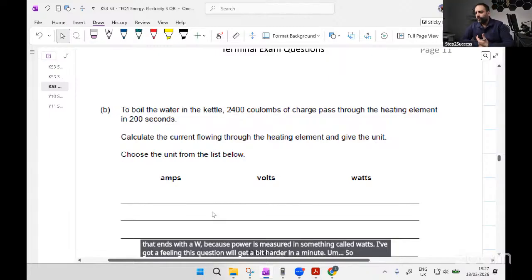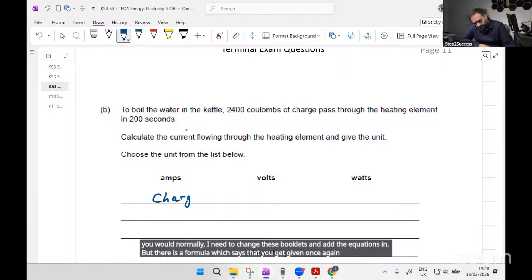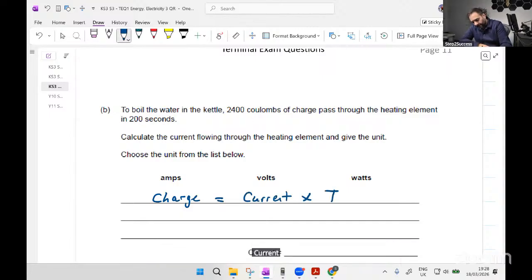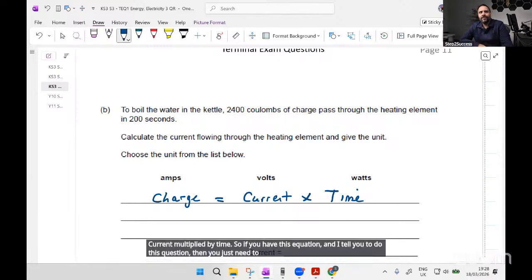I've got a feeling this question will get a bit harder in a minute. Normally I need to change these booklets and add the equations in, but there is a formula which says, once again, charge equals current multiplied by time. If you have this equation, you just need to read the question.